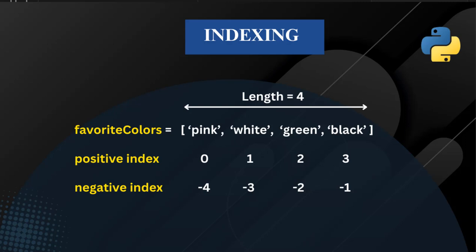Then the second last is going to be at index -2. Then the color white is going to be at index -3. And then the first item is going to be at index -4. So with negative indexing, we index starting from the right, and in positive indexing, we index starting from the left.